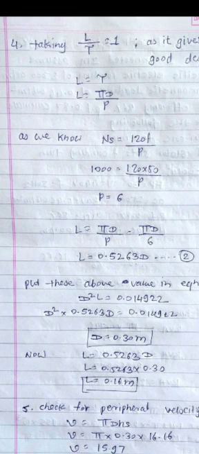For the p value, ns is equal to 120 f divided by p.